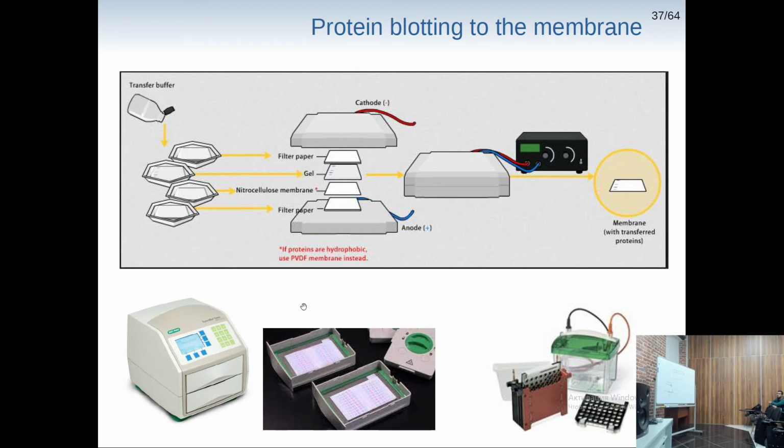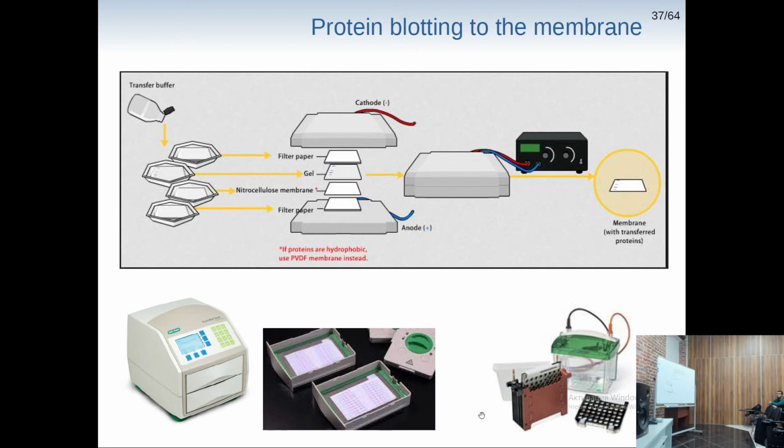It's also possible to use such devices where it is easier to do, because there are some springs which compress your gel and blot and allow you to do it in, let's say, 7 minutes. Just 7 minutes can be enough for most proteins, but it's costly.